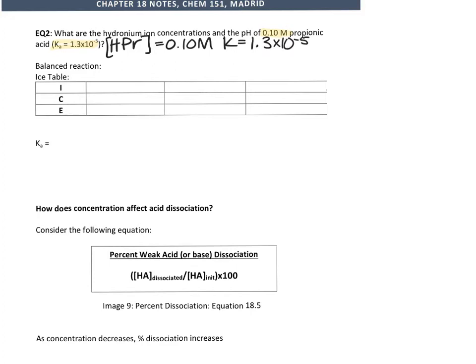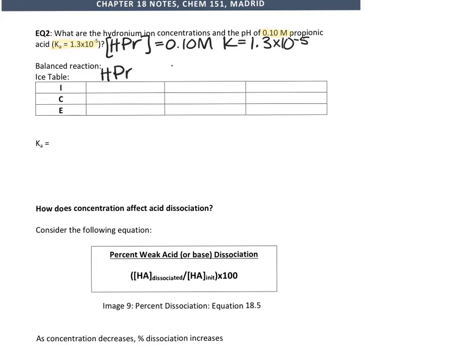Then above the ice table, I write all the components of the dissociation reaction. Remember, if you're only given a solution of a weak acid or weak base, the reaction is just the reaction of the acid or base with water. In this case, we just have an acid. So propionic acid is going to go here.